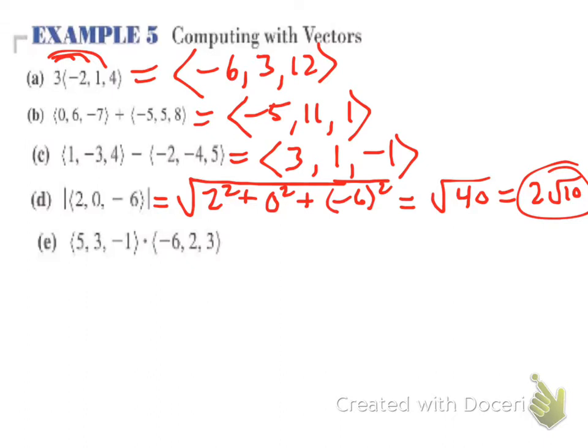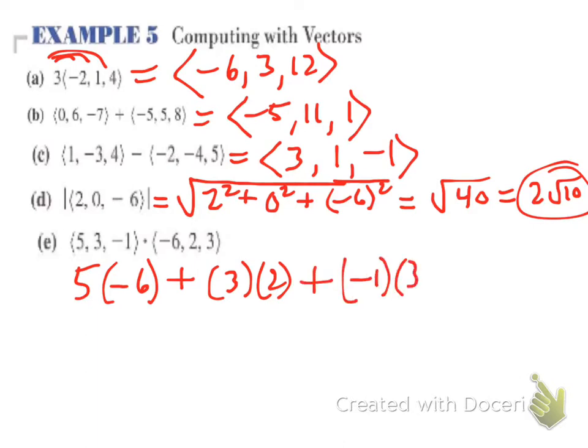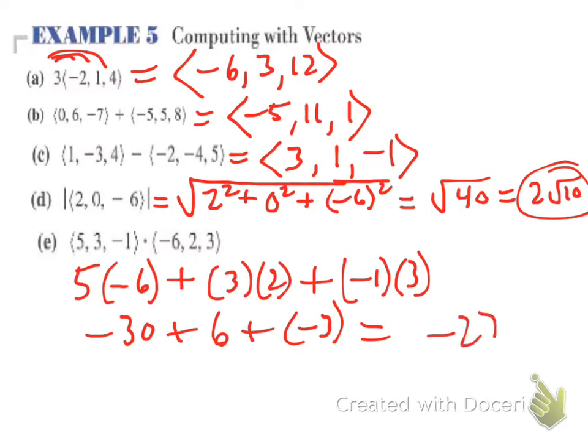And then the dot product, the last one: it's 5 times -6 plus 3 times 2 plus -1 times 3. So that's -30 plus 6 plus -3, which is -27.